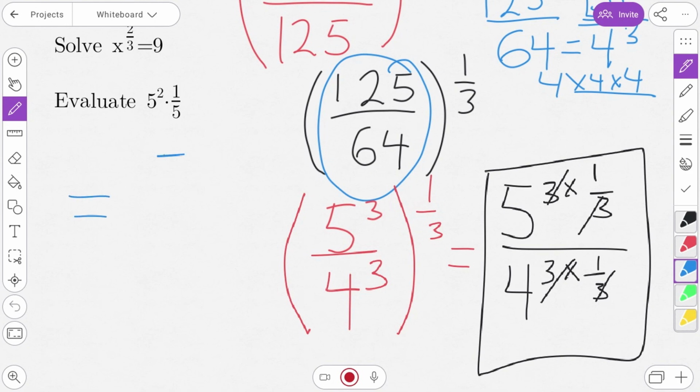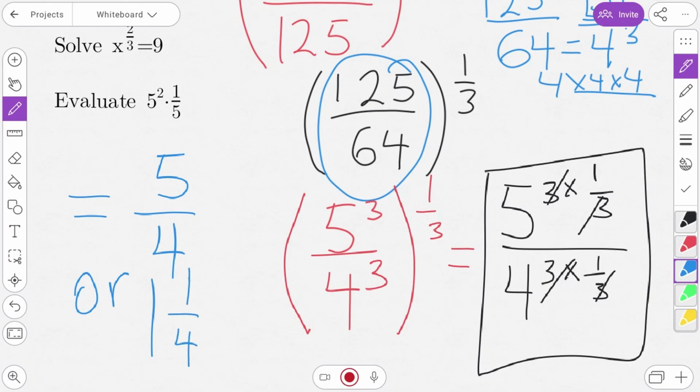Now it's left with 5 over 4. 5 over 4 is the same as one whole number, 1 over 4. So that's 1.25, I guess. If you want to go the decimal way, you can check on your calculators for that as well. Okay, so that's it for the first question.